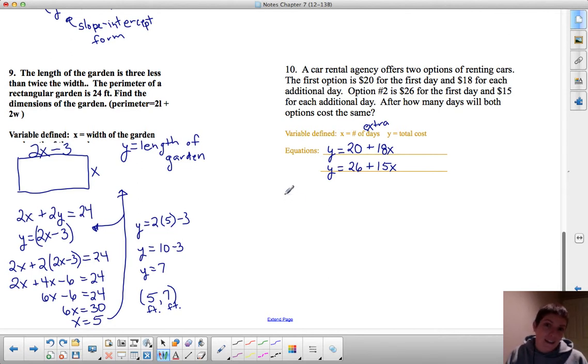What I'm saying is that if y can be 20 plus 18x, then 20 plus 18x has to equal 26 plus 15x. We're going to use our balance line so we remember what we have to use opposite for and what we don't.